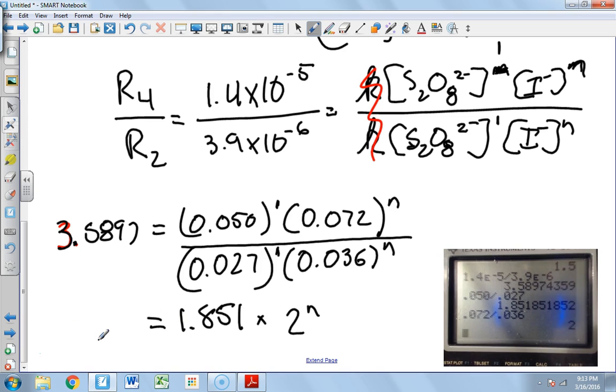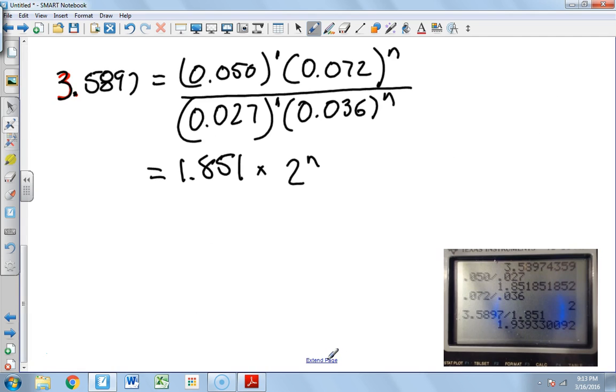So now we're going to take that and do some division. 3.5897 divided by 1.851 equals 1.939, which equals 2 to the n.